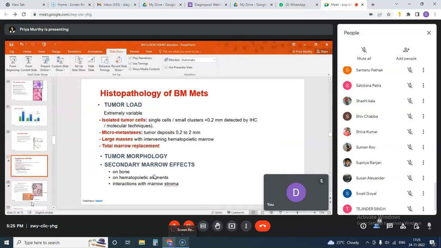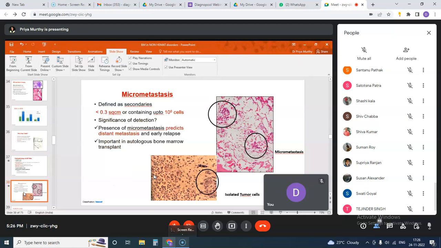So, when we look at histopathology of bone marrow metastasis, we look at the tumor load. There could be isolated tumor cells, micrometastasis, large masses, or total marrow replacement. And we can also see the tumor morphology, and the secondary effects that we see because of metastasis can be identified in a bone marrow biopsy.